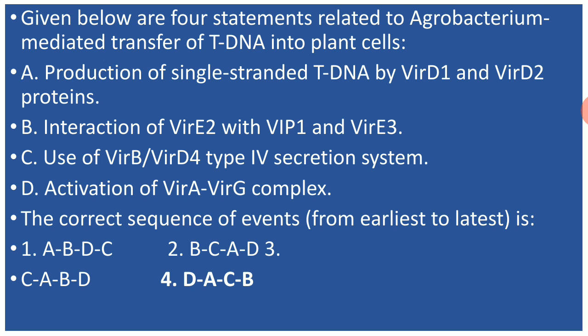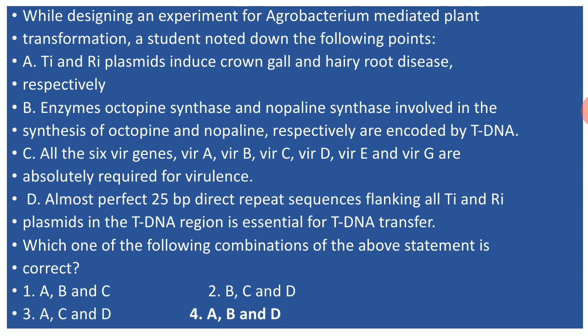The correct sequence of events should be the fourth one. First activation of VirA and VirG, then the production of single stranded DNA, then the use of VirB that forms a firecracker like structure, which is the channel, and then interaction of VirE2, because VirE2 protects the single stranded T-DNA from host cytoplasmic enzymes.